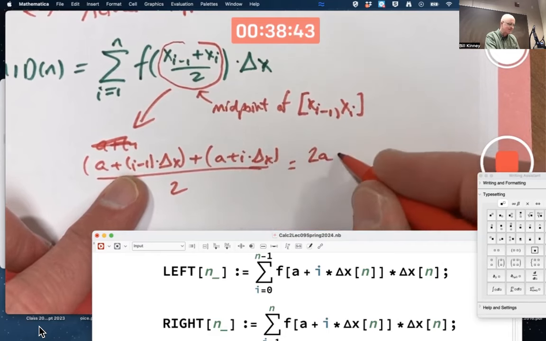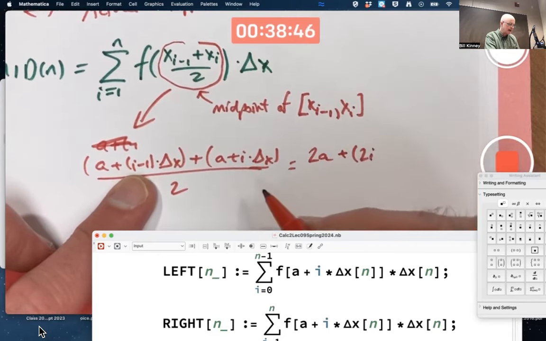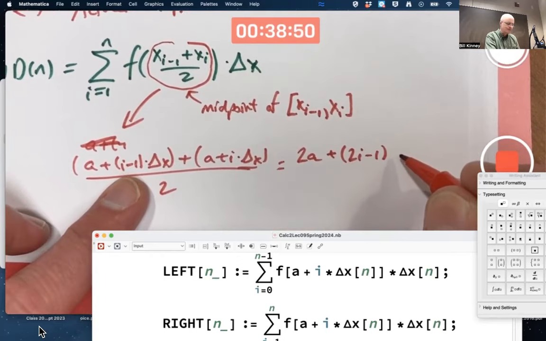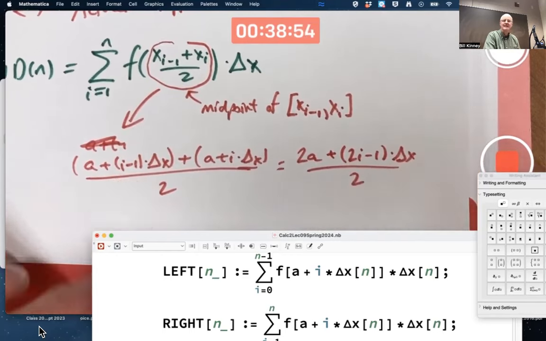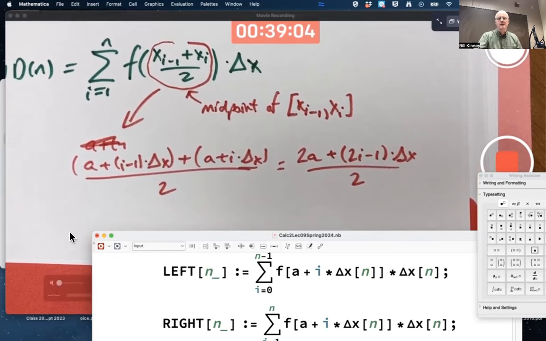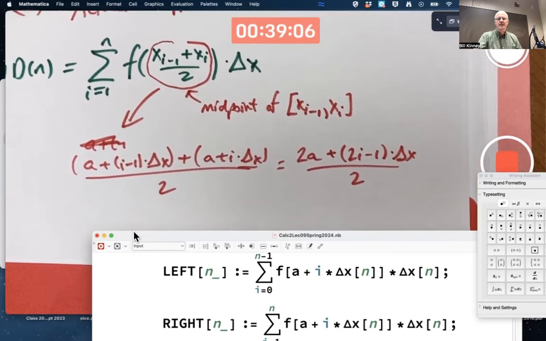So I'm going to get a 2i, and then I have a minus 1 as well. 2i minus 1 times delta x, all divided by 2. That's one way to write the midpoint. I mean, it is the way to write the midpoint in terms of a, i, and delta x. So I'll type that in here now.